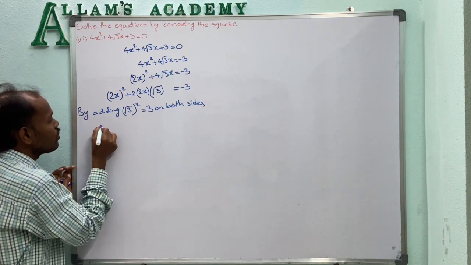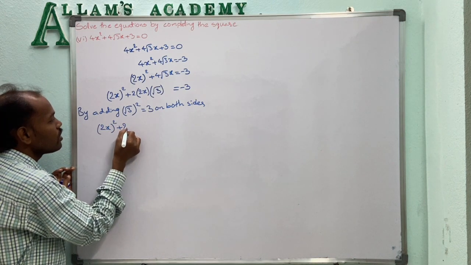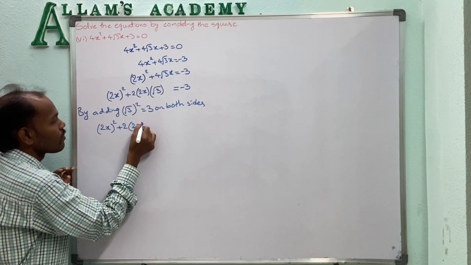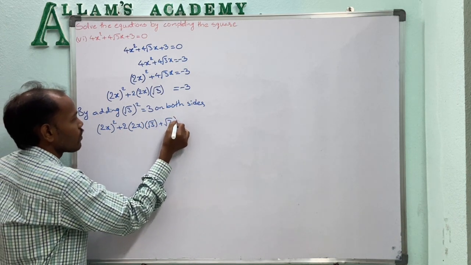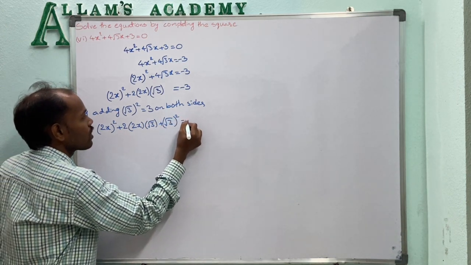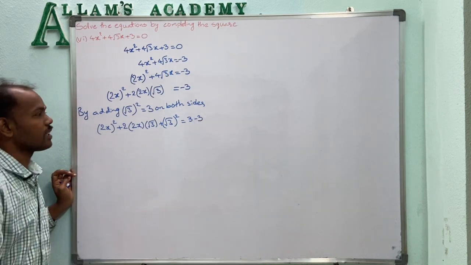So that is (2x)² + 2 into 2x into √3 + (√3)² is equal to 3 - 3, and 3 - 3 is 0.